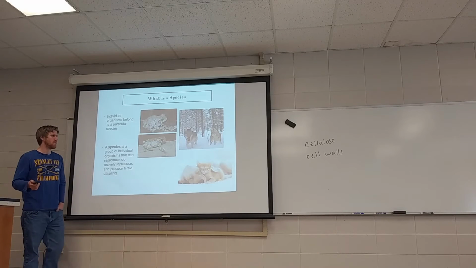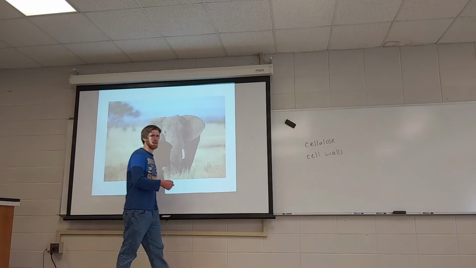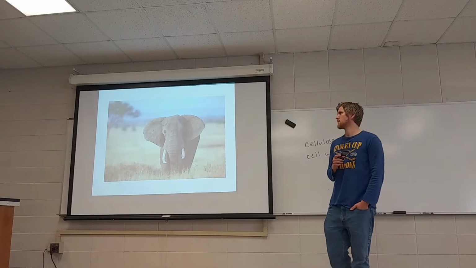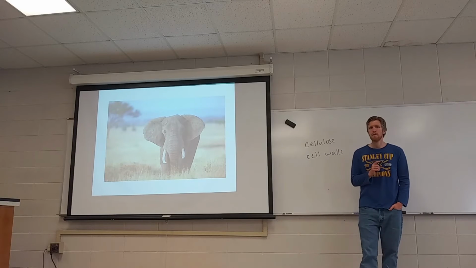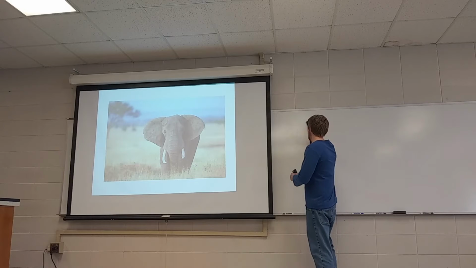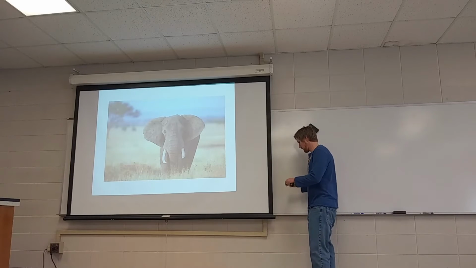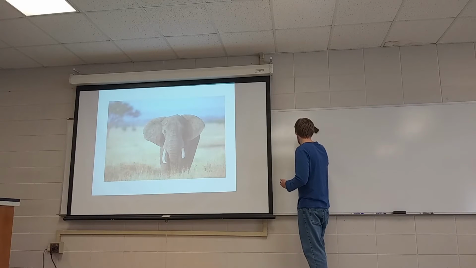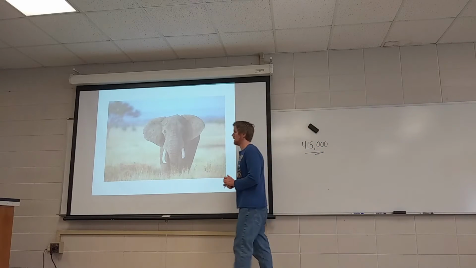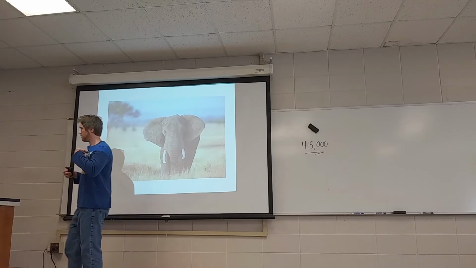So let's take a look at one particular species. This is an African bush elephant. There's actually two species now of African elephant. This one is an African bush elephant. And there are, roughly by estimate, 415,000 of these left in the wild in Africa.